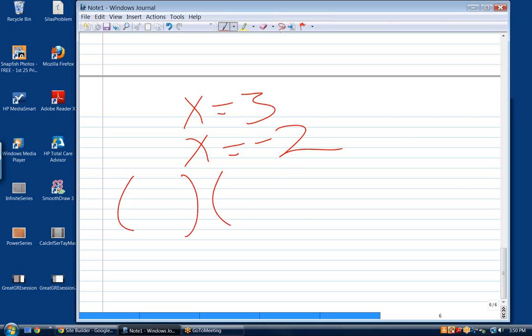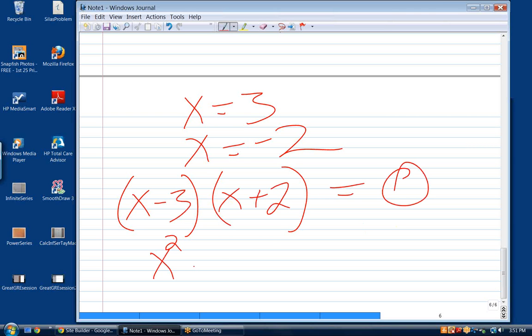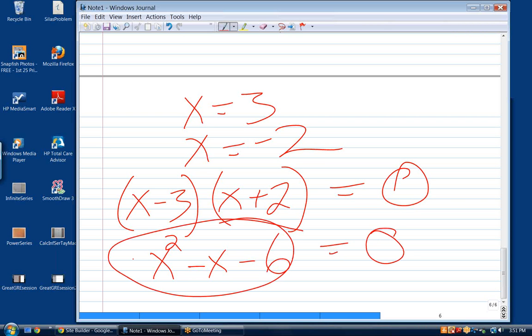You get x minus 3 and x plus 2, equal to 0. Multiply that together, you get x squared minus x minus 6. There's your answer. So it's basically just going in reverse.